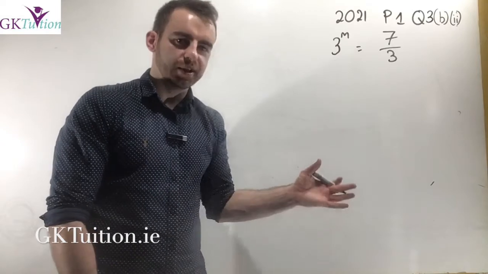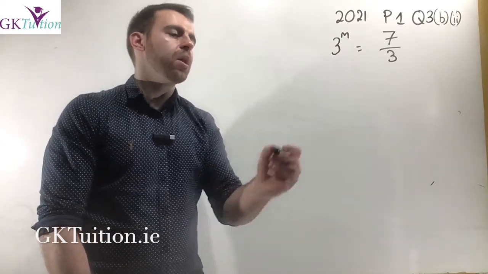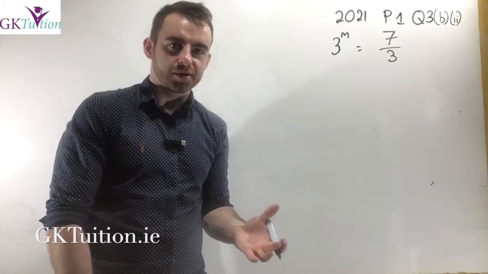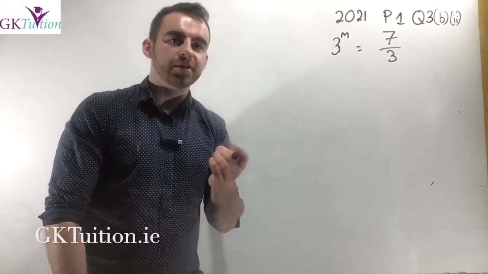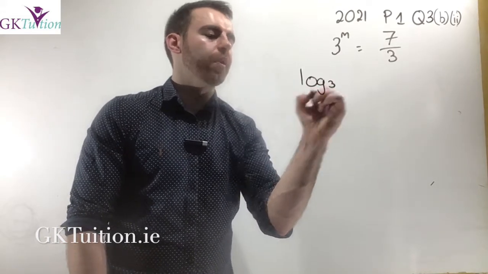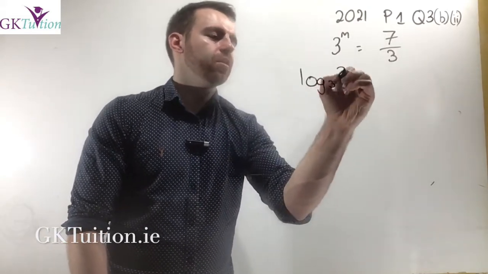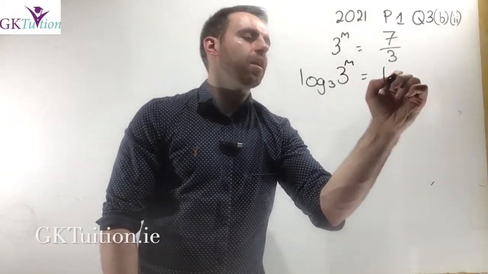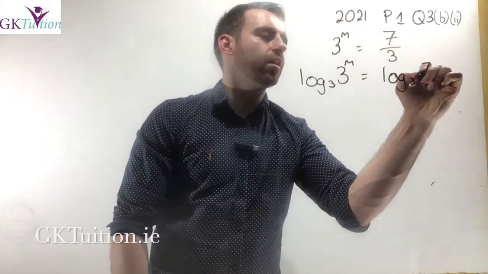So we don't want to introduce the natural log this time. Because the unknown is in the power, we have to introduce logs. Because there's a log to the base 3 in the answer, we're going to introduce a log to the base 3. It's really easy to do so. You literally just stick in log to the base 3 on the left hand side and log to the base 3 on the right hand side.